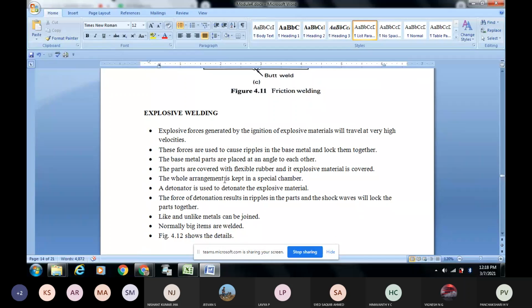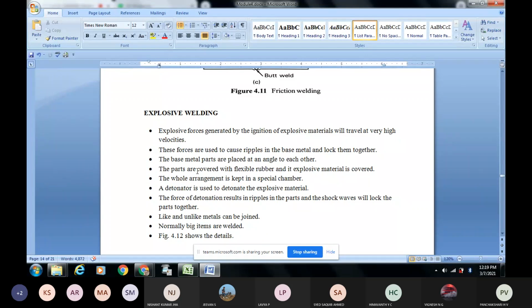You can see here, the explosive force generated by ignition of the explosive material travels at very high velocity. These forces are used to cause ripples in the base plate and lock them together. The base metal parts are placed at an angle theta to each other.